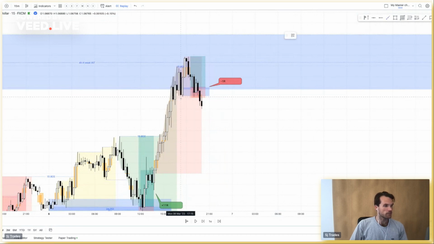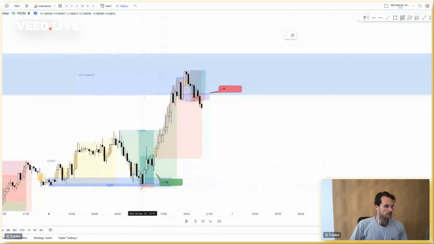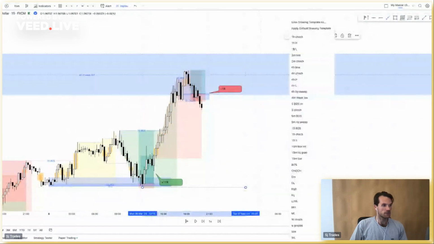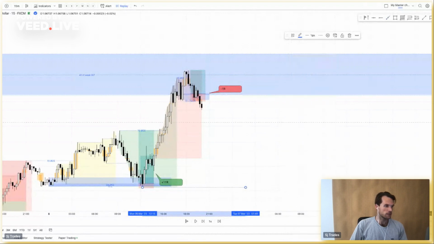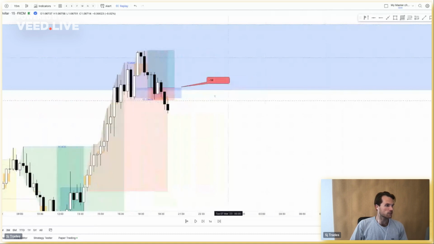We've got a nice 15-minute shock. I'd say this is still our 15-minute low, but we have now choked down. Put it on the other side.